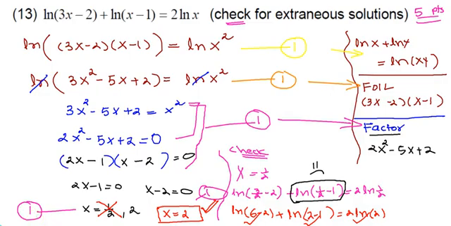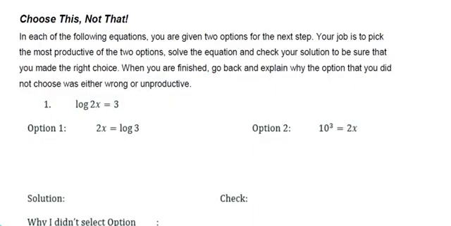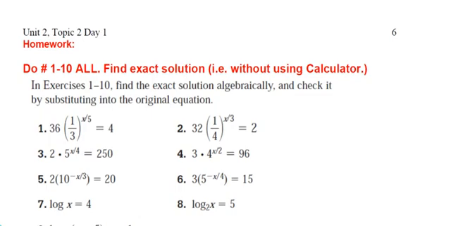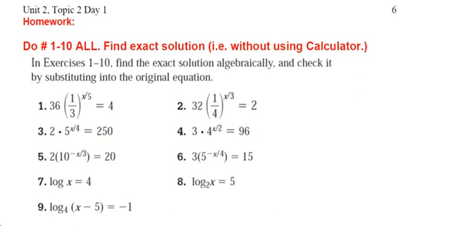For practice, we have a homework here. Make sure exact solution means no calculator. Copy the problem clearly. 1 through 10 is getting the same base. Some are very easy questions, some are slightly complicated. You can see how easy this is: x is equal to 10 to the 4. That's so easy. You don't even need to show any work here.